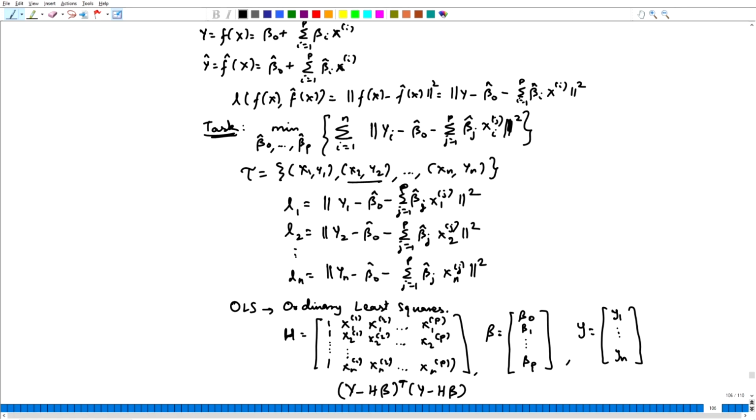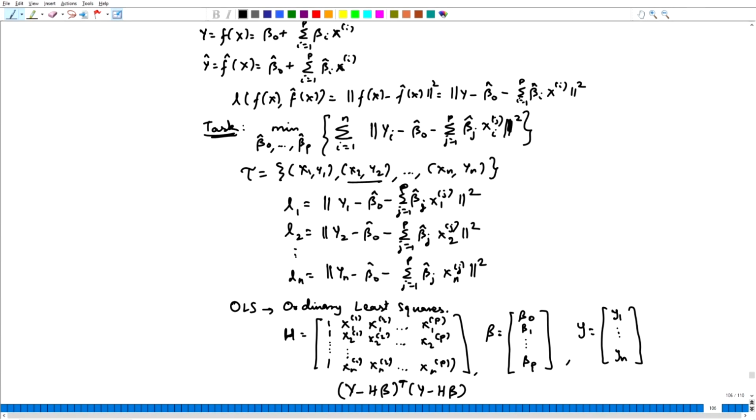You have n such elements. If you want to take the norm squared, you transpose this vector and do a dot product of the vector with itself.